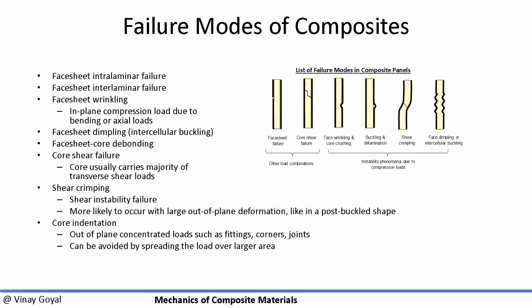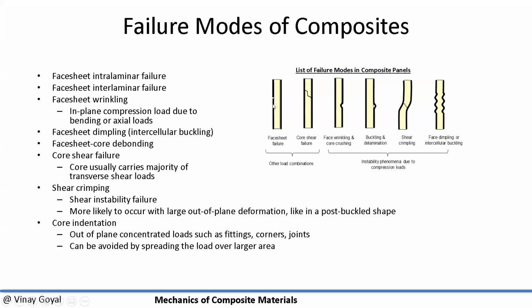And so now the face sheet could potentially buckle in between the cell walls. So that's what we're talking about there. And these four here really talk to instability phenomena due to compression loads.